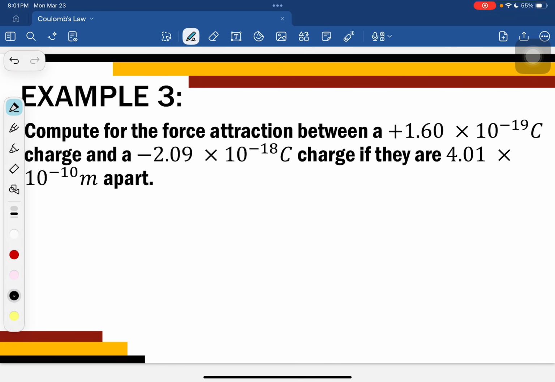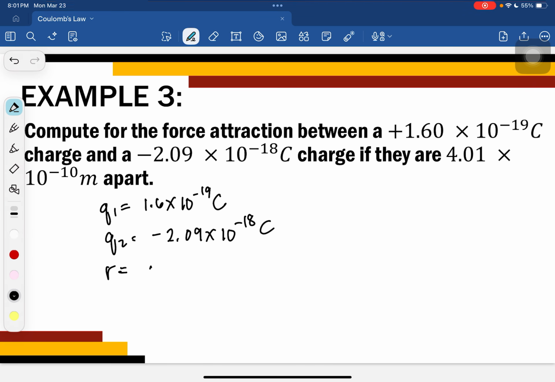Q1 now is equal to 1.6 times 10 to the negative 19 coulomb. We have a Q2, which is negative 2.09 times 10 to the negative 18 coulomb. And R is just a play on the prefixes or exponents, 4.01 times 10 to the negative 10 meters.